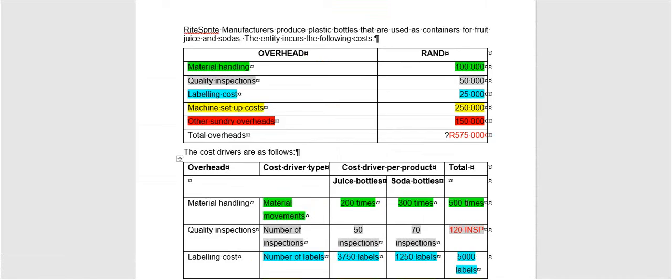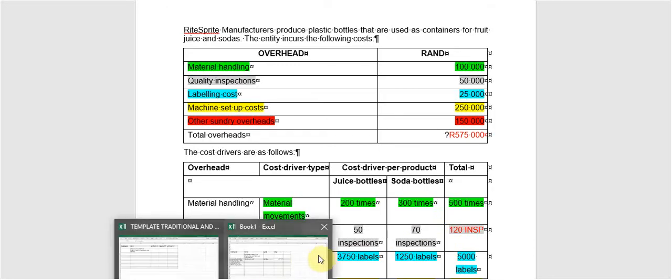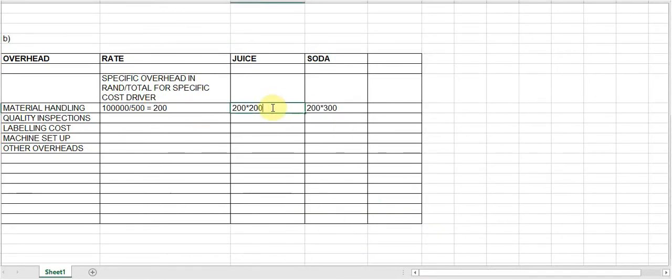And just double check whether that's correct. Yes. Now, if I say 200 times 200, I get to an answer of 40,000. If I say 200 times 300, I get 60,000 rand.